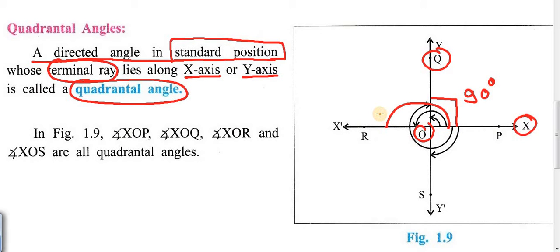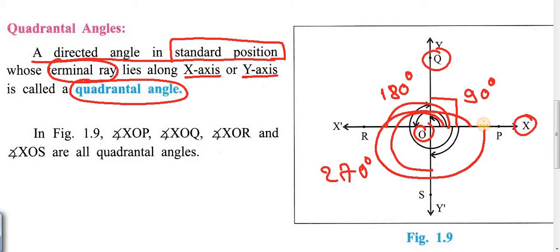XOR is a quadrantal angle for the second quadrant and its measure is 180 degrees. Next, XOS is a quadrantal angle for the third quadrant and its measurement is 270 degrees. And XOP is a quadrantal angle for the fourth quadrant and its measurement is 360 degrees.